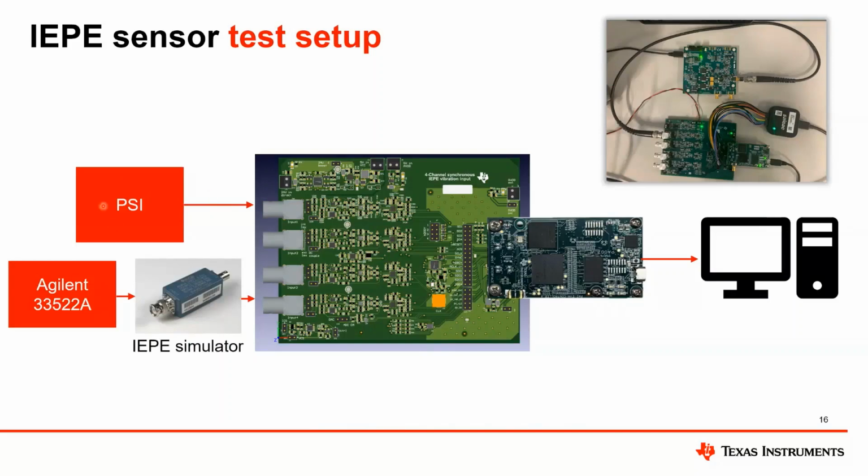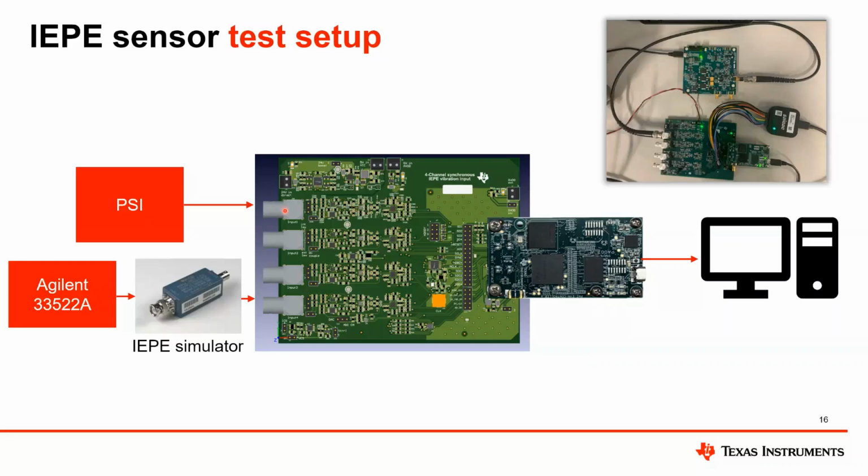That's a very clean 2 kilohertz sinusoidal source that you can actually purchase very, very cheap on TI.com, and this allows us to test the signal chain with a very clean 2 kilohertz sinusoidal signal.